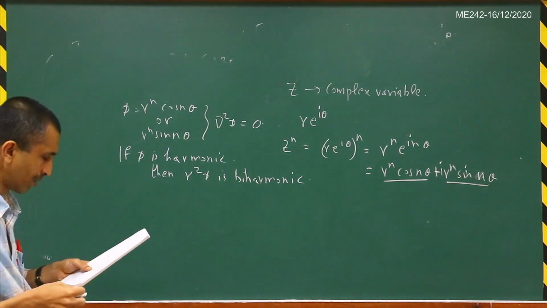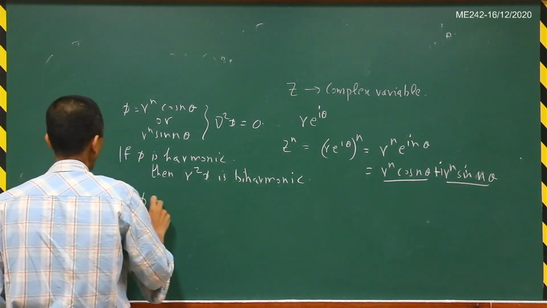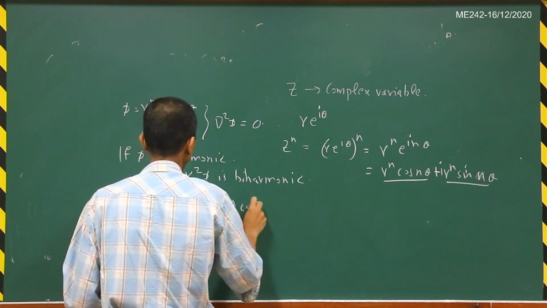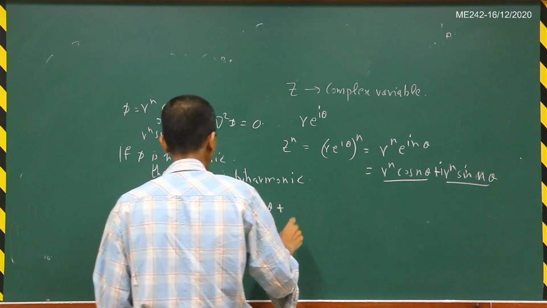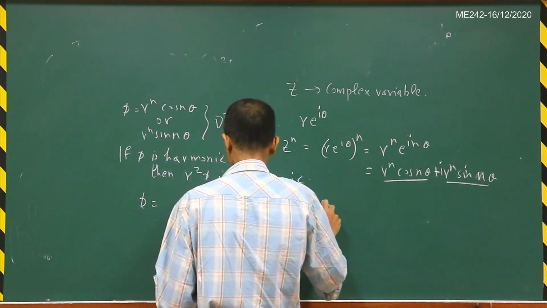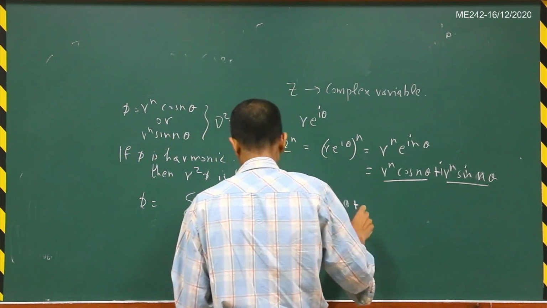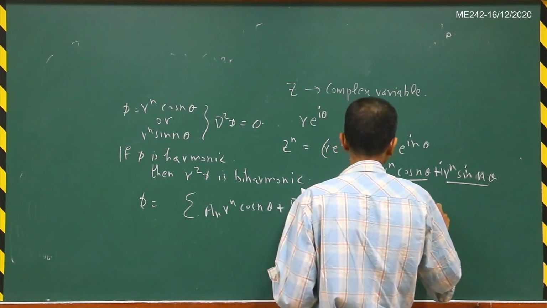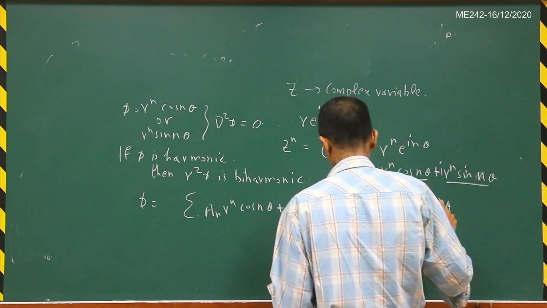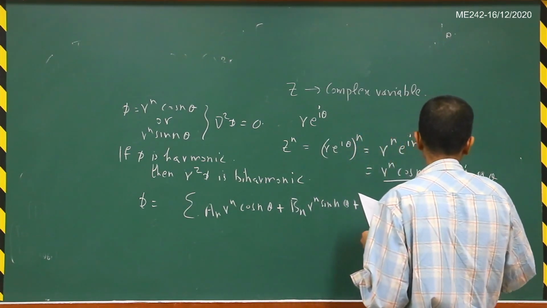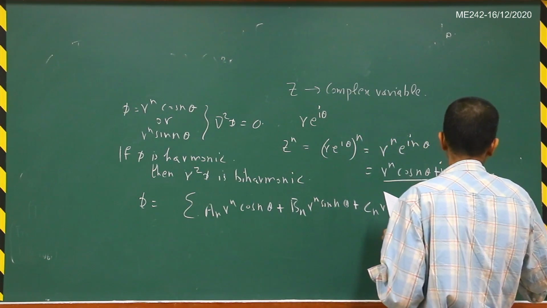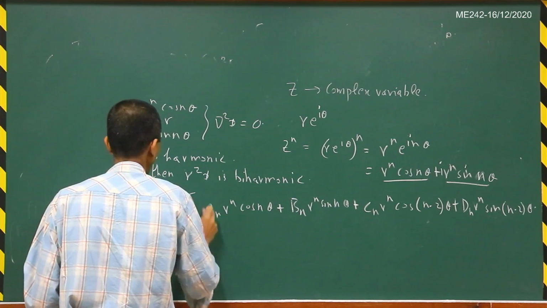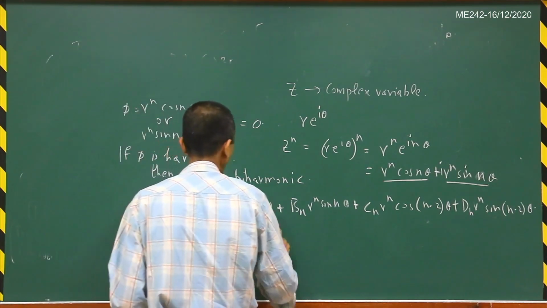The solution will look something like this: phi will be equal to the summation of a_n r^n cos n theta plus b_n r^n sin n theta plus c_n r^n cos of (n minus 2) theta plus d_n, where n is running from minus infinity to plus infinity, plus there are additional terms also.